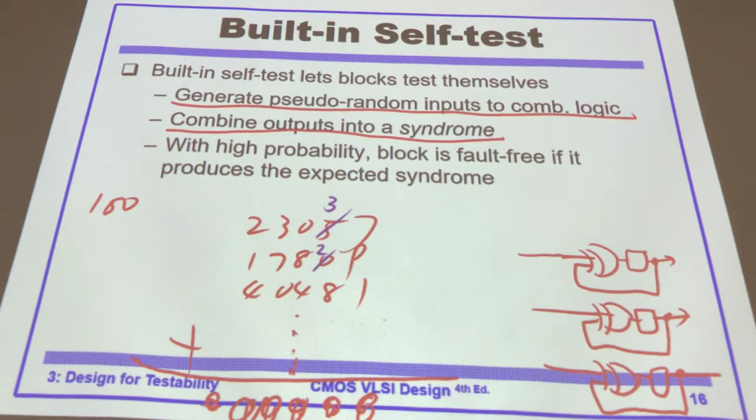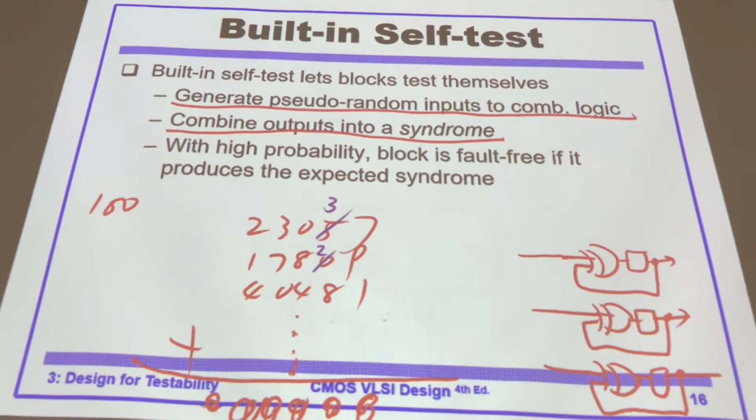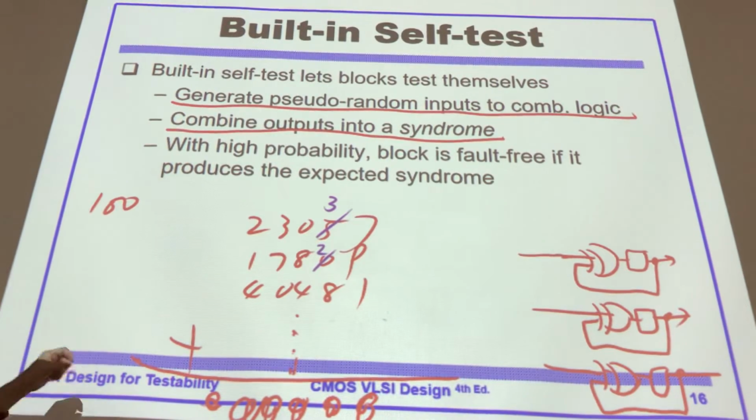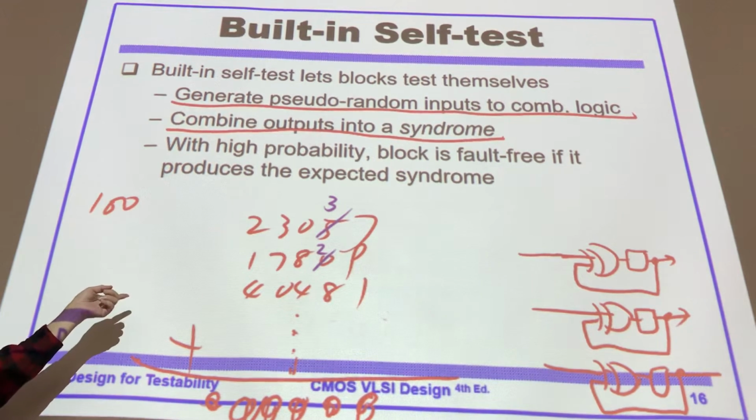But that's how we try to reduce the testing time. We don't want to check every vector because there are too many, and it takes too much time. After we compress it, with very high probability we are pretty sure that if the output is correct, they should be okay.